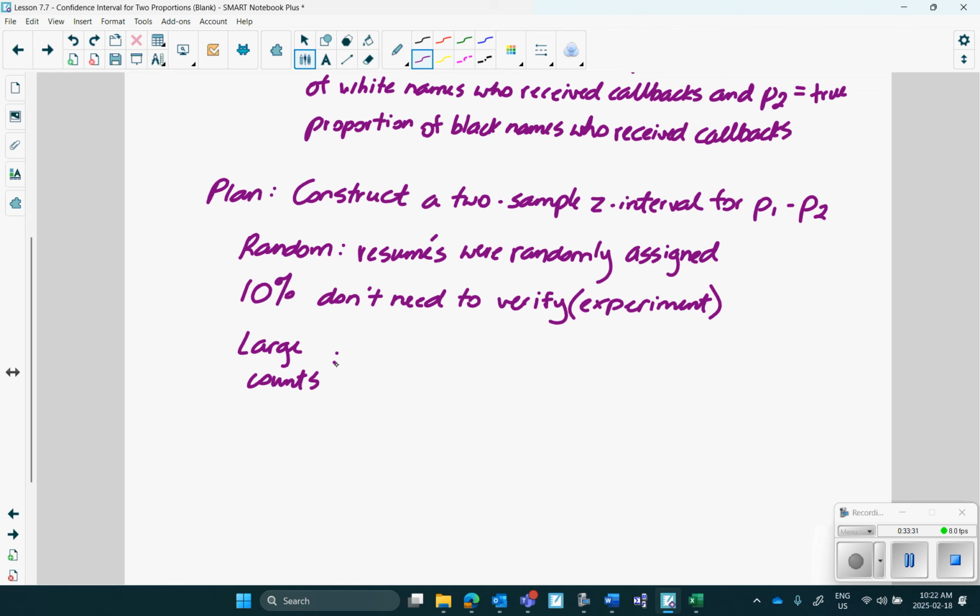So we've got to do n1 times p hat 1, and n1 times 1 minus p hat 1, and those have to be greater than or equal to 10. And then I'm going to do the same for n2 times p hat 2, the sample size of group 2 times its proportion, as well as n2 times 1 minus p hat 2.